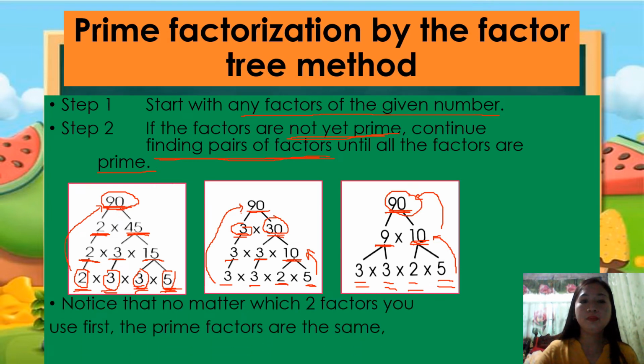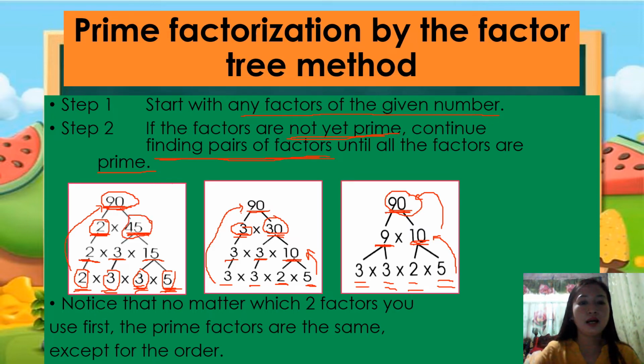Notice that no matter which 2 factors you use first, the prime factors are the same, except for order. As you notice, in our first example, the first factors that we used are 2 and 45.